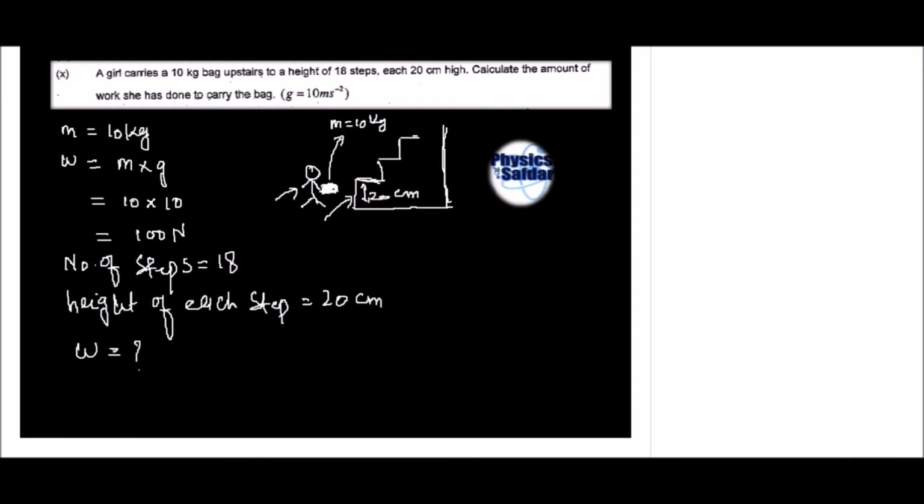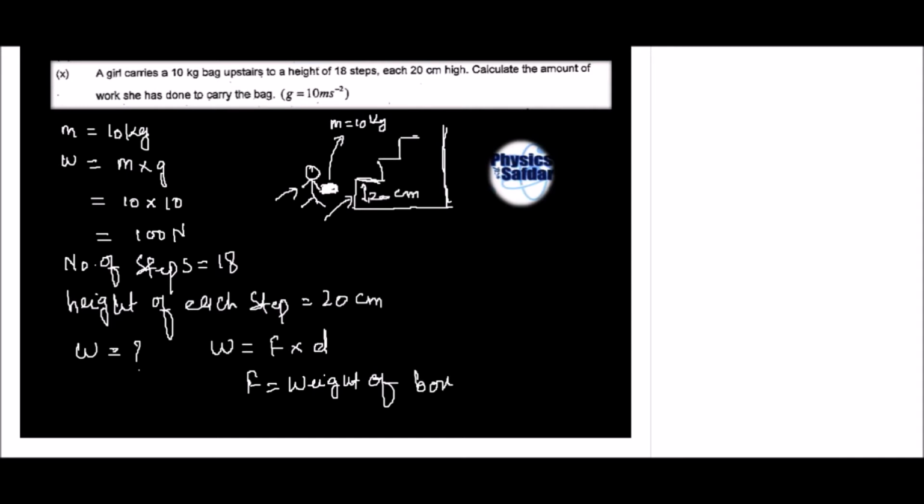In step 1, write the equation for work done. Work done is equals to force times displacement, or distance covered in the direction of force. In this case, the force is equals to weight of the object, so you can write F is equals to weight of box.